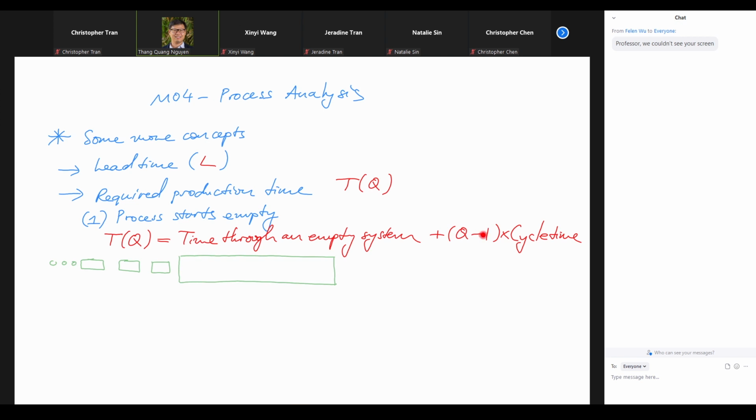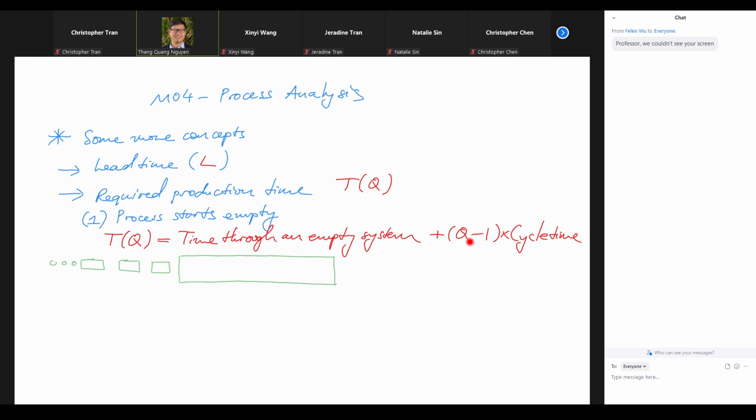And for the remaining units, pizza number 2, pizza number 3, all the way to the 20th pizza, how long does it take us to cook these 19 pizzas? Then we multiply 19. I hope you see why we have Q minus 1, because the one here is the first unit. We already take care of it. Now we talk about the remaining 19 units, right? So 19 pizzas multiplied by the cycle time per pizza, and then we're going to have the total time to cook 20 pizzas through.